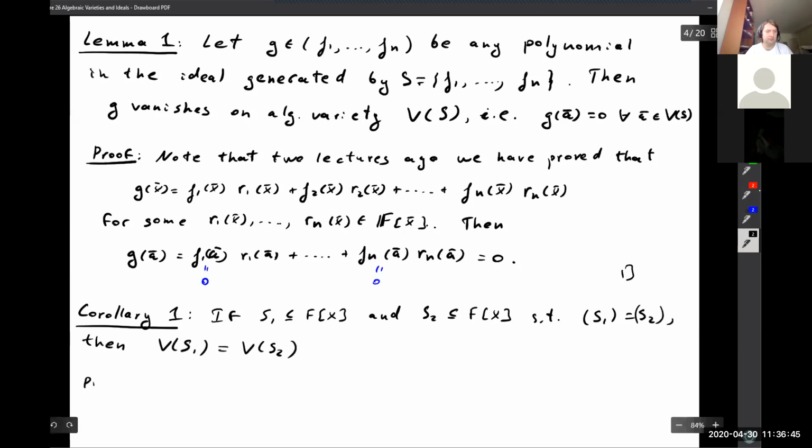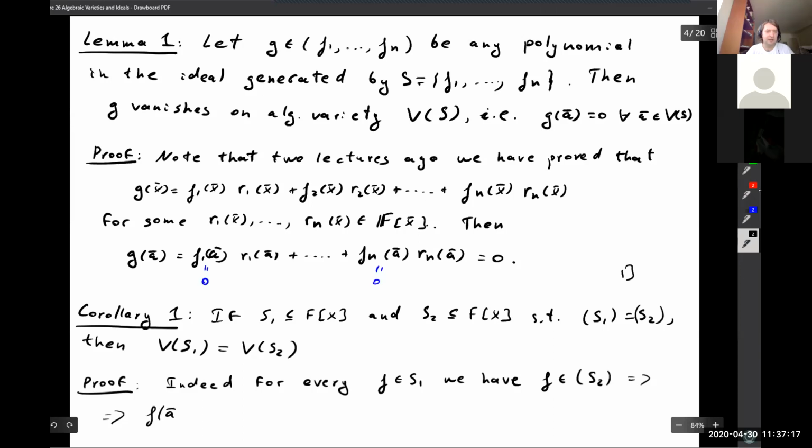Well, proof. Indeed, for every f that belongs to S1, we have f belongs to the ideal generated by S2, and from here it follows that f of A equals 0 for all A in V of S2.